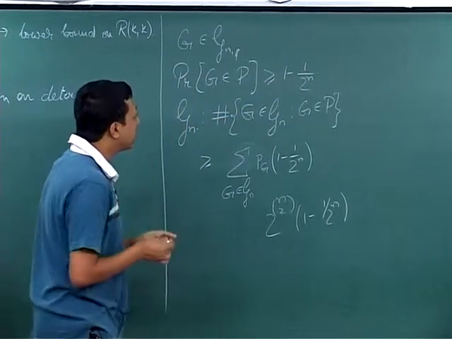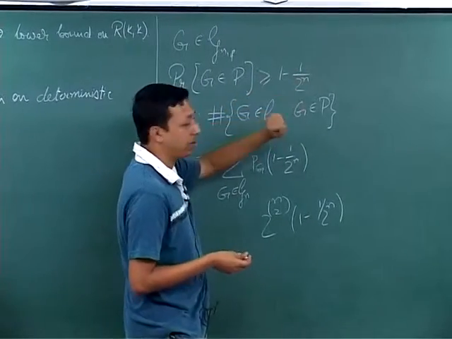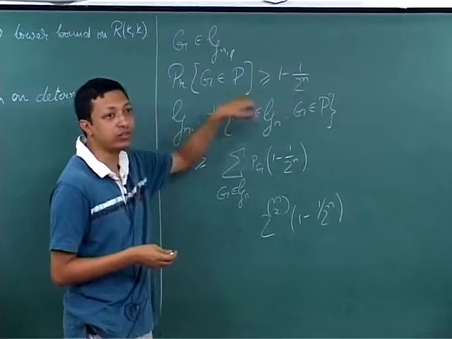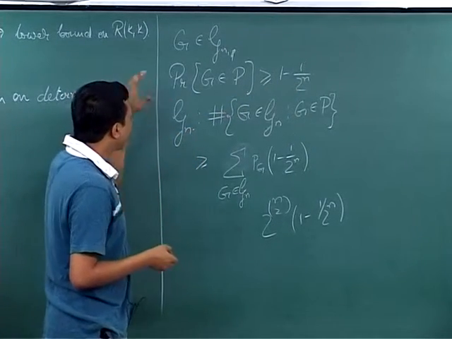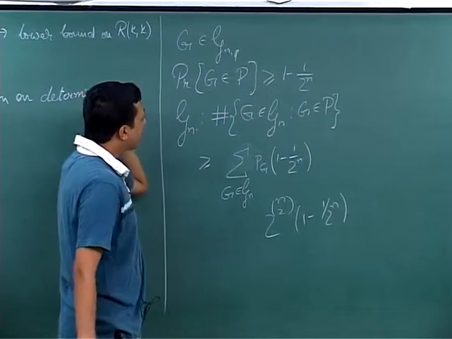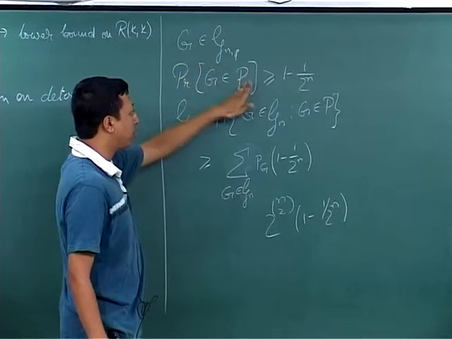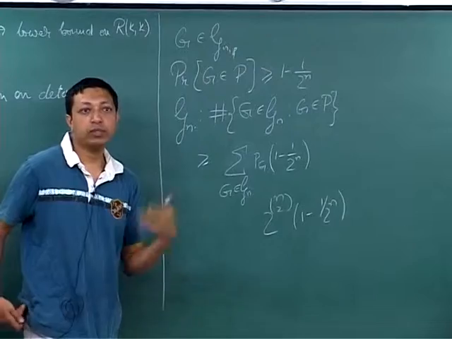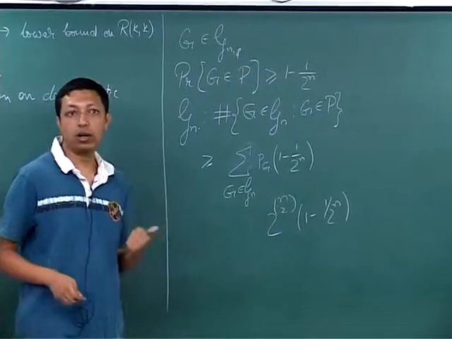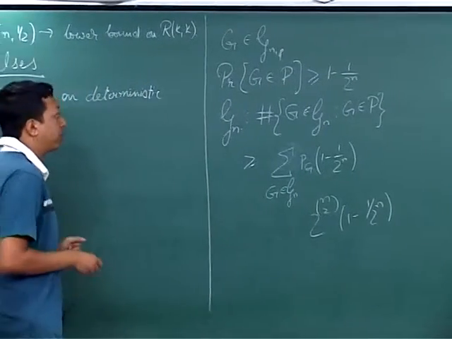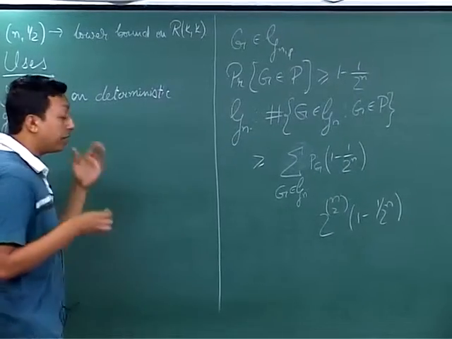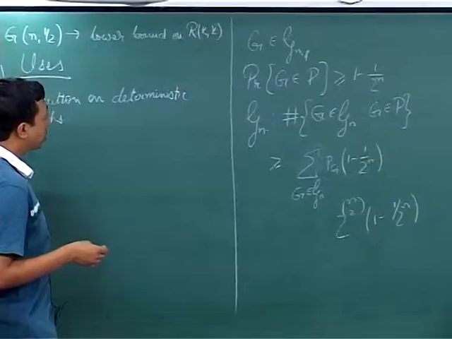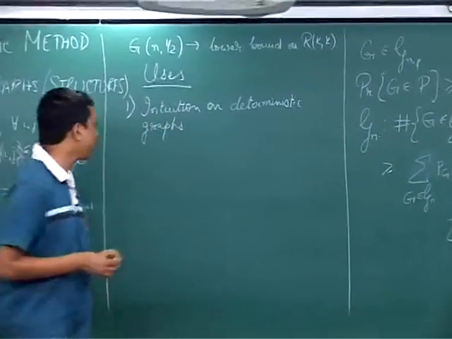So what I'm trying to say is that if this number is very close to 1, like this one is, see this one tends to 1 as n tends to infinity. So the point is that if a random graph satisfies this property with very high probability, then you can say that most graphs will satisfy the property. And then there you don't think about probability. So it gives some intuition on deterministic graphs, okay.